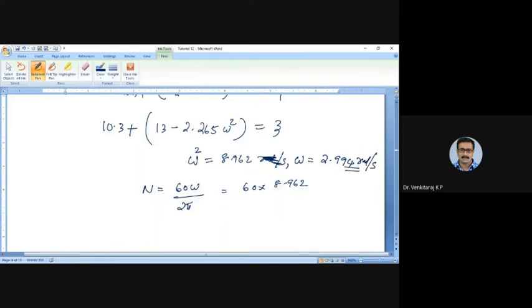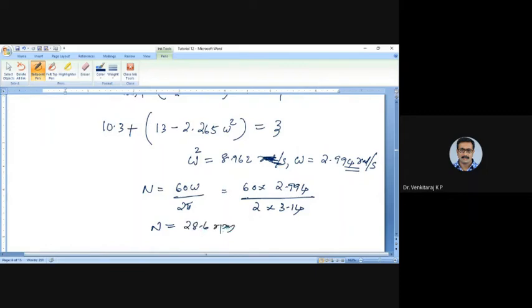So this is 60 into 2.994 by 2 into 3.14, and you will get the speed of the pump as equal to 28.6 rpm.